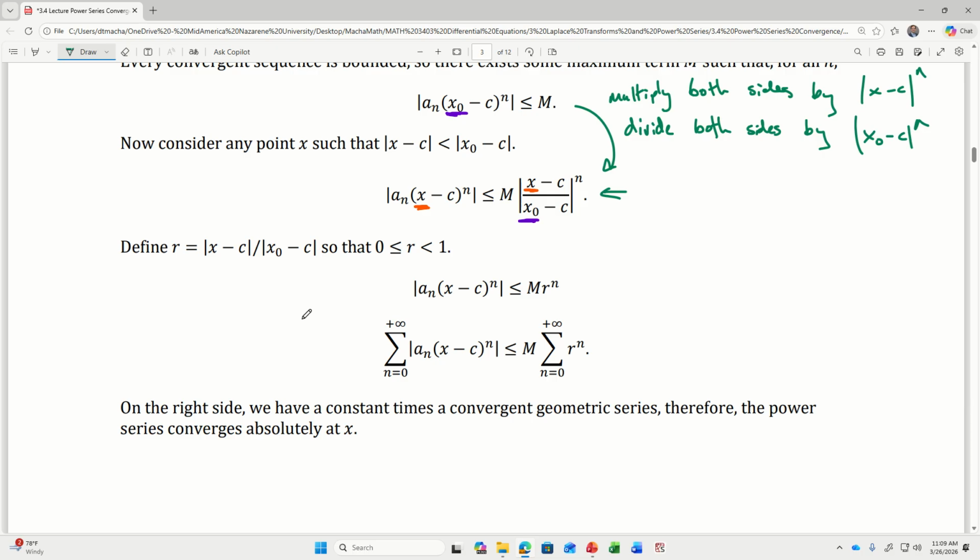But this is the important part: on the left side, this series, if it converges, would mean that my power series converges absolutely at the point x. And on the right side, this is a geometric series. And this geometric series converges because r is between 0 and 1.